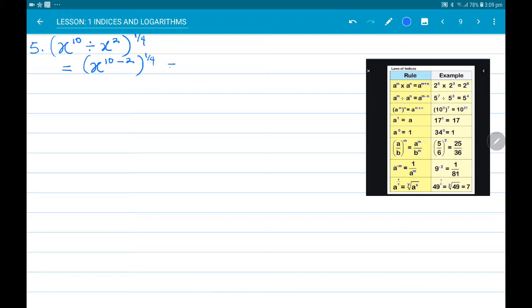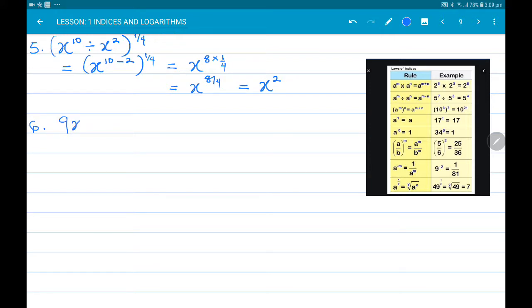Example 5. We have x raised to the power of 10 divided by x raised to the power of 2, raised to the power of 1 over 4. How do you address this? It's going to be equal to x to the power of 10 minus 2, raised to the power of 1 over 4.